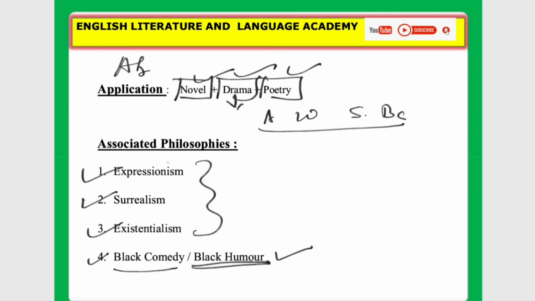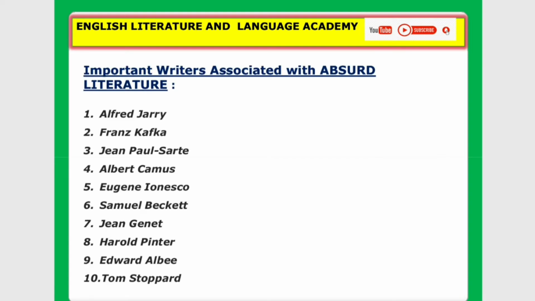All these philosophies or movements influenced absurd literature. In that context, we have to study expressionism, surrealism, and existentialism or existential philosophy. Now let's move on to the next page.